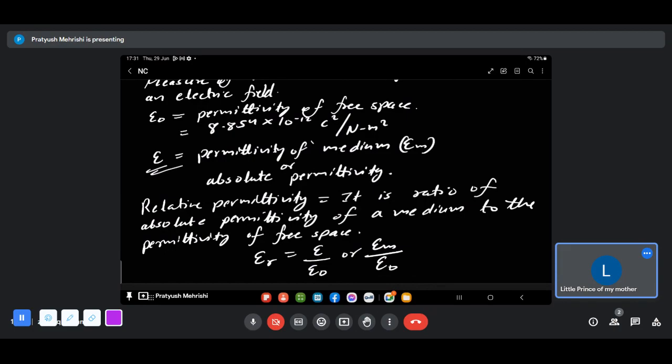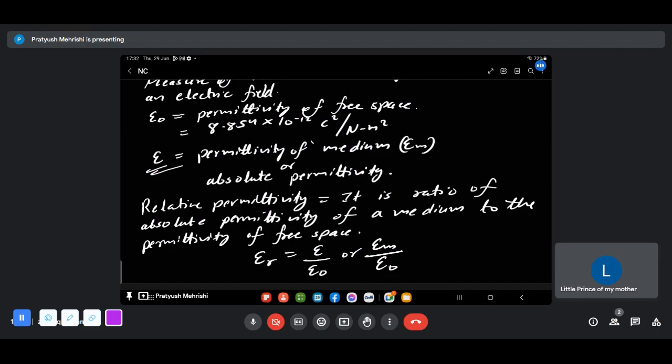Yes, but the permittivity of the medium is calculated experimentally. We can calculate it with some sophisticated setups and a controlled environment. But to remember them, it's a little difficult to mention them everywhere.